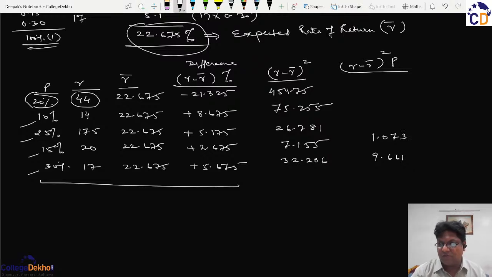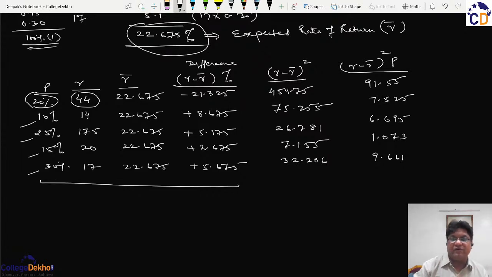The third one from the bottom will come out to be 6.695. This will come out to be 7.525, and this will come out to be 91.55.